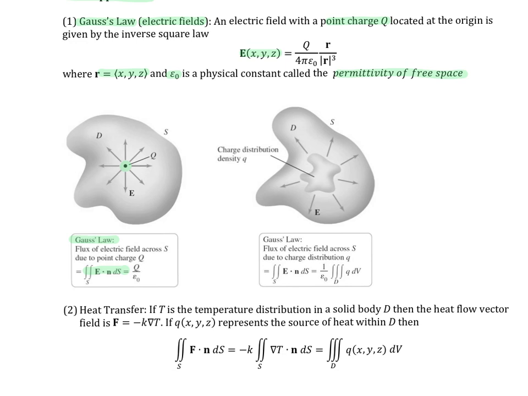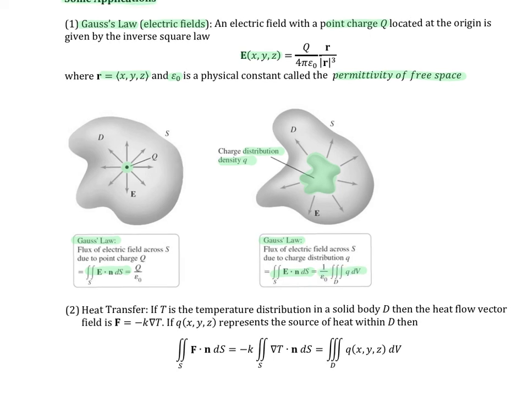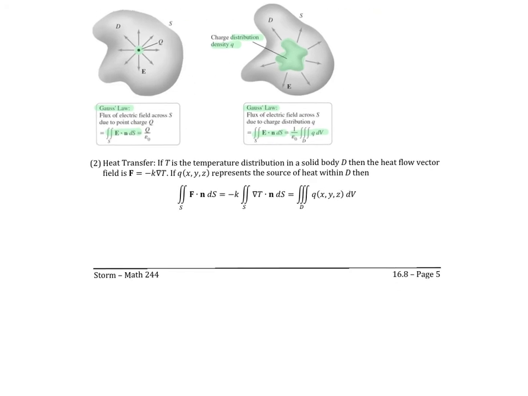Now, you may not just get a point charge, you also may get a distribution, Q. So you may have a density function. In that case, we still have Gauss's law, but it's a little bit more complicated. So that would be given by this integral here. Again, we're not going to be computing, but you might see it.